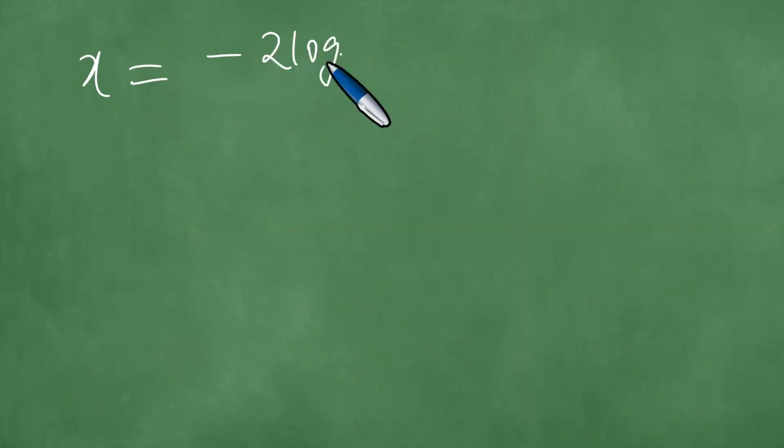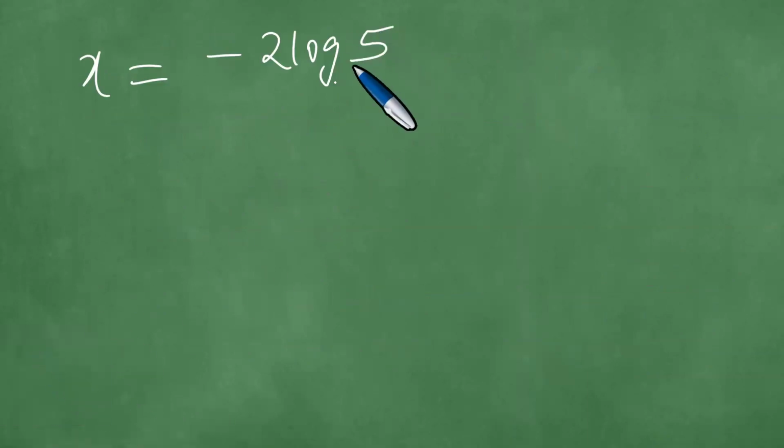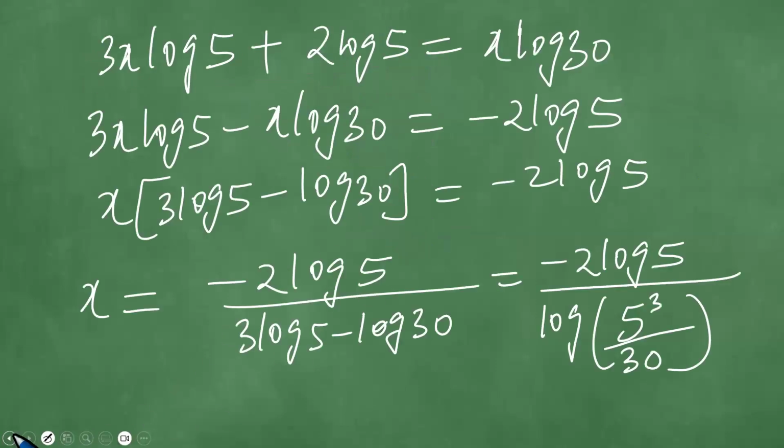And this means x is equal to minus 2, the log of 5, over the log. Right, we've seen that we have 5 cubed out of 30 in the denominator.